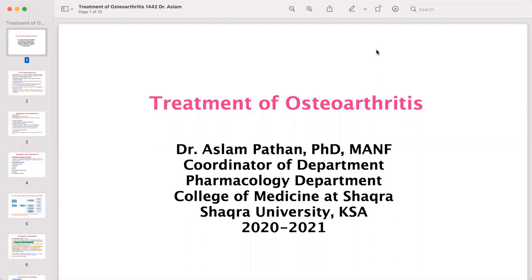As per our musculoskeletal system block, the objectives are: classify the drugs commonly used in the treatment of osteoarthritis; mention the indications, side effects, doses, and toxicities of drugs used in treatment of osteoarthritis; plan for the treatment of osteoarthritis; different cases and their treatment; and the tests required for monitoring the therapy of osteoarthritis.